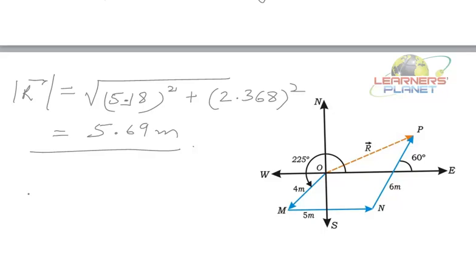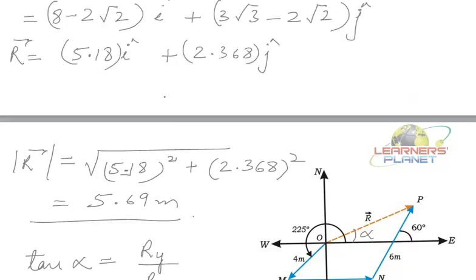Now if you find the angle, tan alpha, where alpha is this angle, will be equal to ry upon rx. This is ry and this is rx.